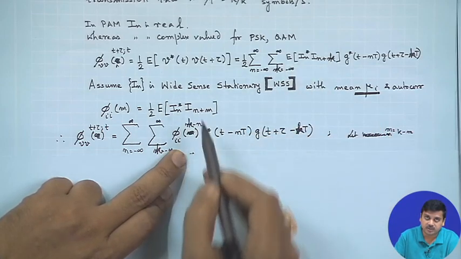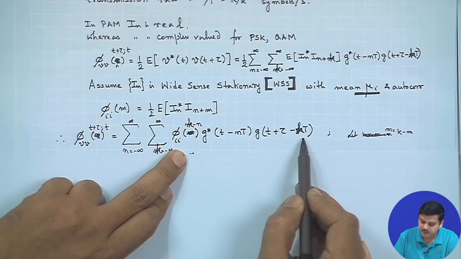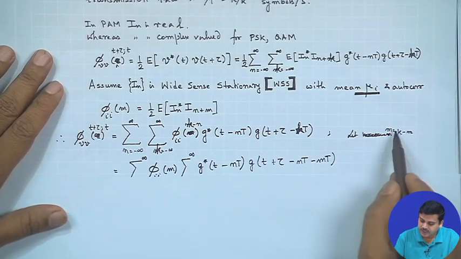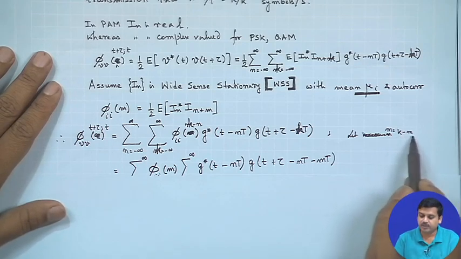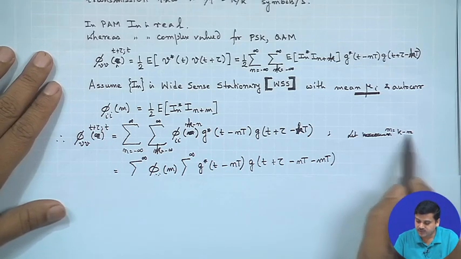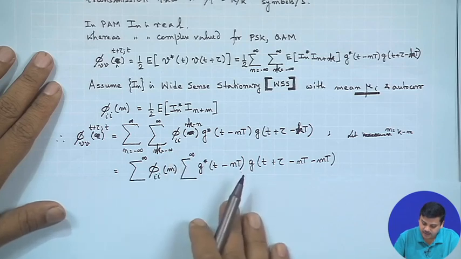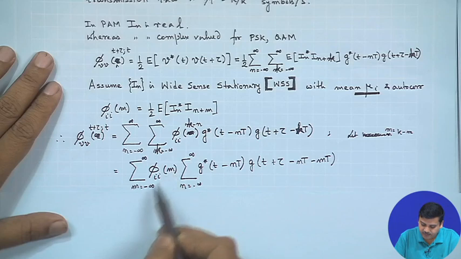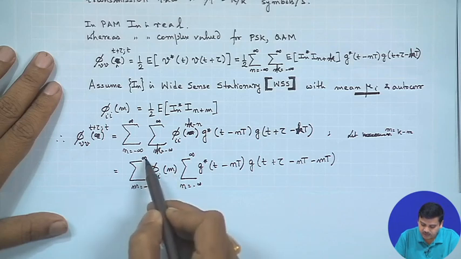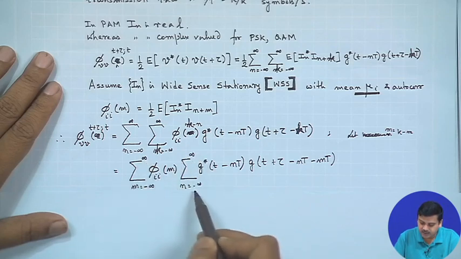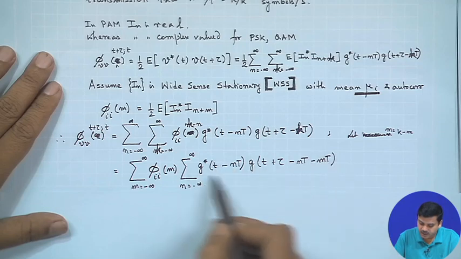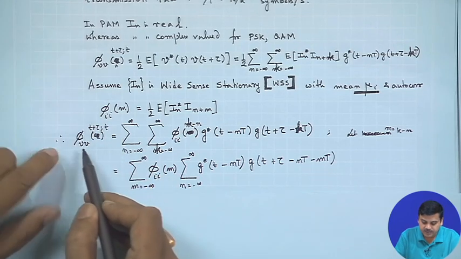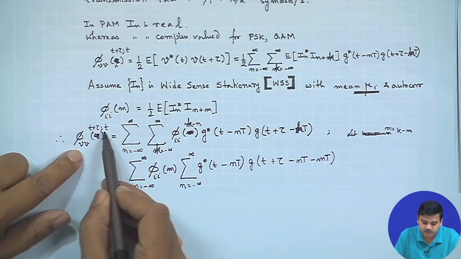If you would work out these relationships, you are going to get this expression here, these two terms remain as they are, and then you could replace, let m be equal to k minus n, which is the difference between these two indices, and you could write the expression as phi I of m, summed from minus infinity to infinity, and this is the index of n, and that is how you are going to get the expression, right.